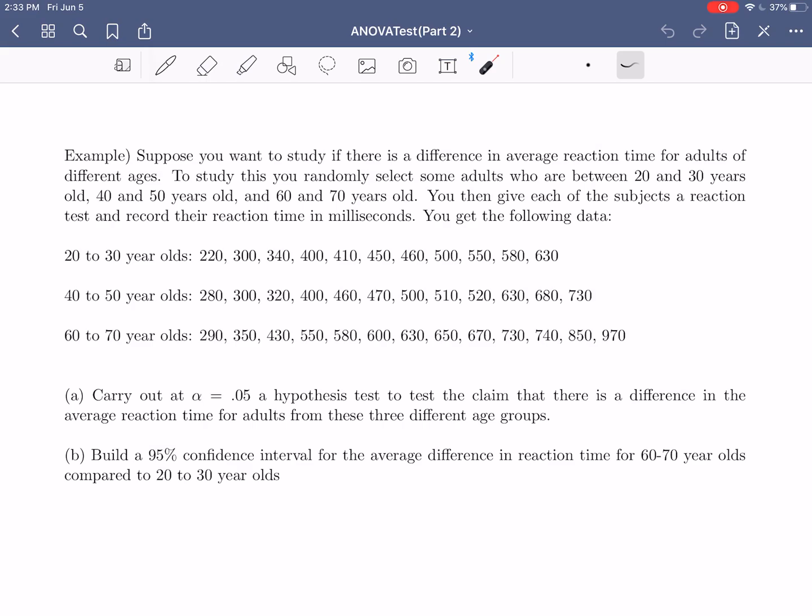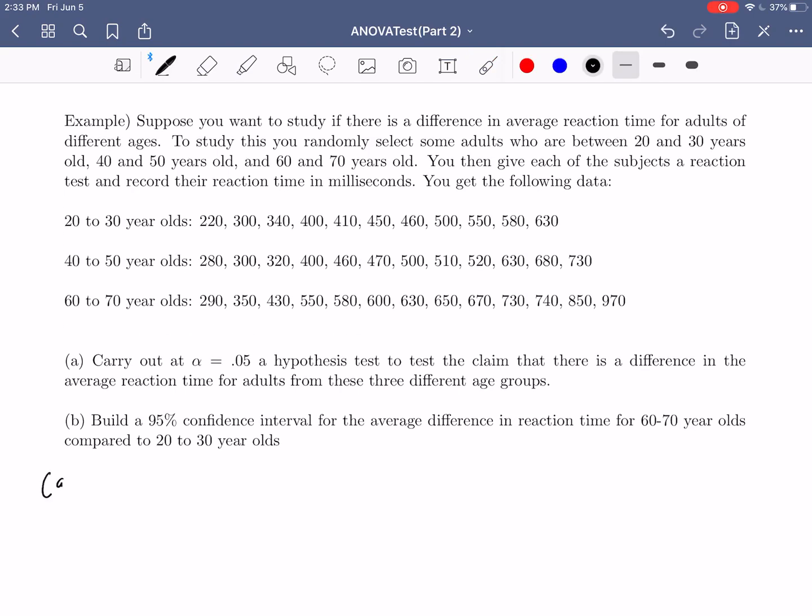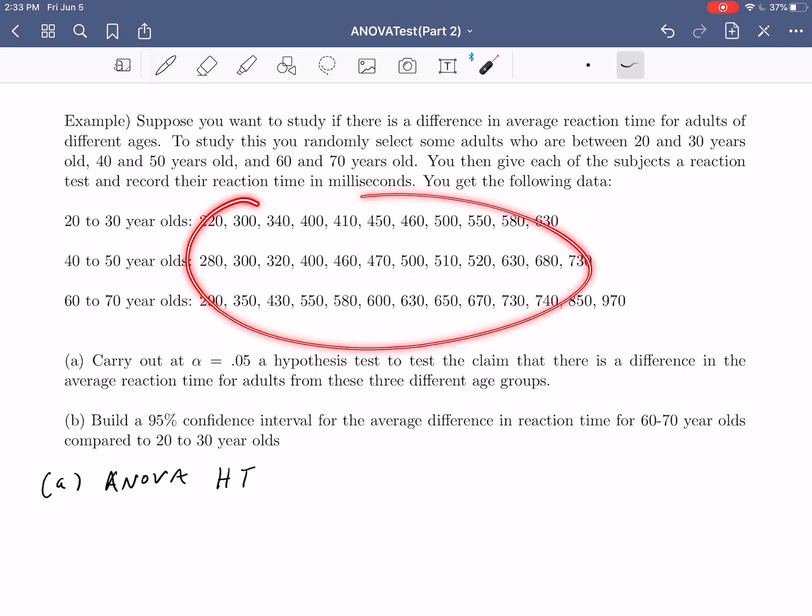Now, before we get into running this hypothesis test, which is going to be an ANOVA hypothesis test, how do we know that it's going to be an ANOVA hypothesis test? Well, what type of variable are we studying here? We're looking at reaction time, which clearly is quantitative.